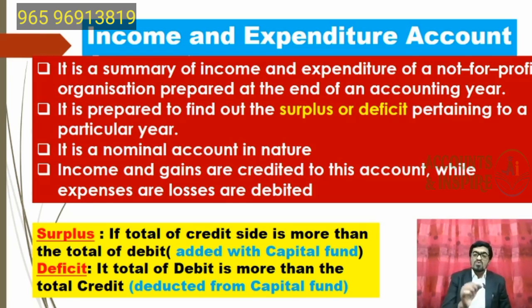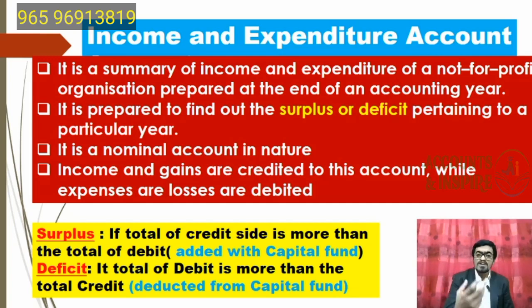I'm asking, what is the objective or purpose of preparing an income and expenditure account? Take the case of a business organization: it prepares a profit and loss account to find whether it is net profit or net loss. In the same way, a non-profit organization must prepare the income and expenditure account to find the surplus or deficit for a particular period.